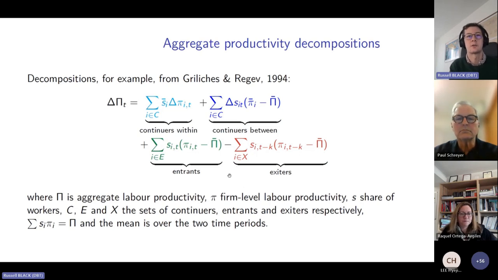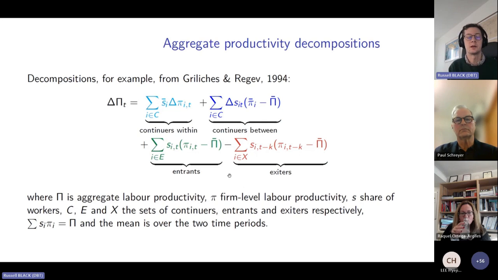And then how much extra productivity is accounted for by adding in new companies and taking away old companies. Are we taking away lower productivity old companies, which benefits the economy because it increases the average productivity? And are we adding in good new productivity companies because their productivity is higher than existing companies?